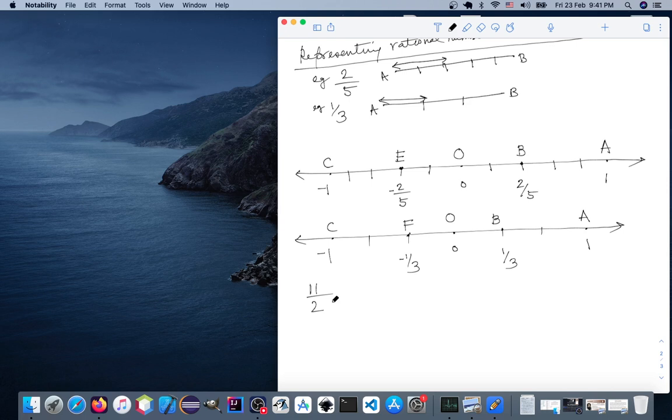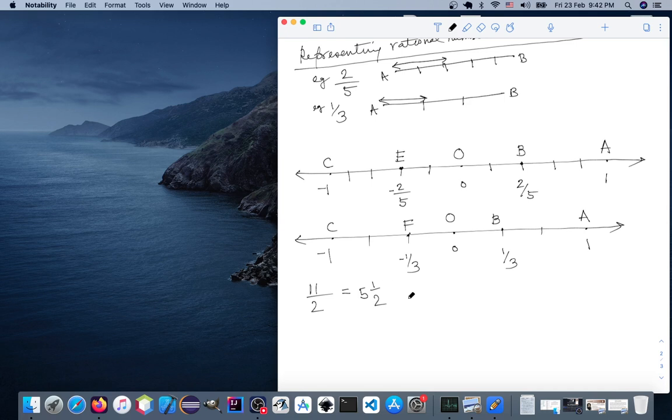So 11 by 2 is actually, if you recall from previous classes, can be written in the form of a mixed fraction as 5 1 by 2, right?